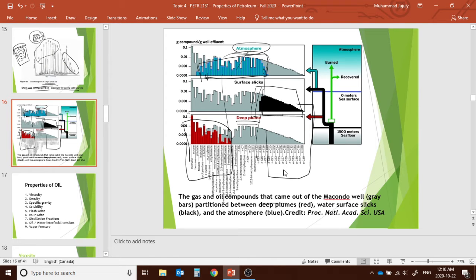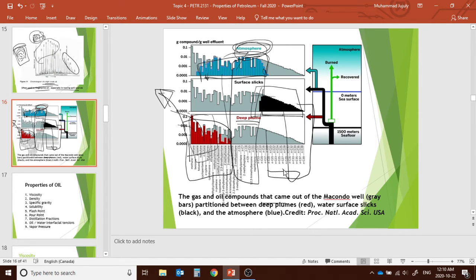So this medium concentration went out at the top of the atmosphere. The deep plume was the lightest one. It just spilled and it has higher volatility, so it can just go out. But the surface leak can go under the ocean and deposit in there.